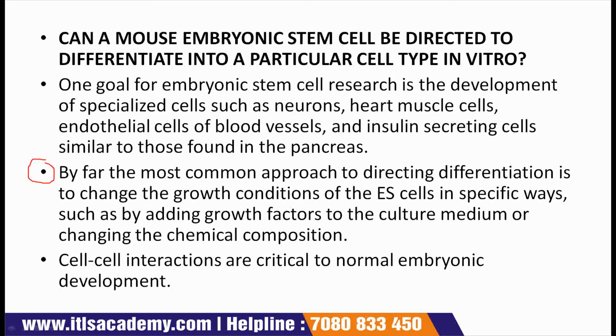Next point is, by far the most common approach to directing differentiation is to change the growth conditions of the embryonic stem cells in specific ways, such as by adding growth factors to the culture medium or changing the chemical composition.